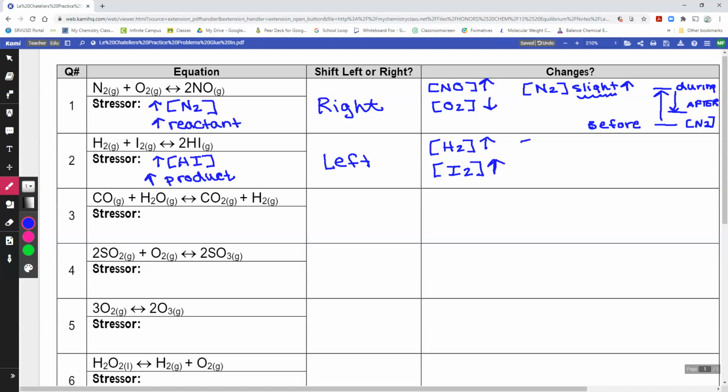Now let's look at our concentration of hydrogen iodide. Okay, let's kind of do what we did last time. Here's our beginning, our before we do anything. I dumped a whole bunch of extra in. It goes way up. That's during the shift, right? During that stressor.